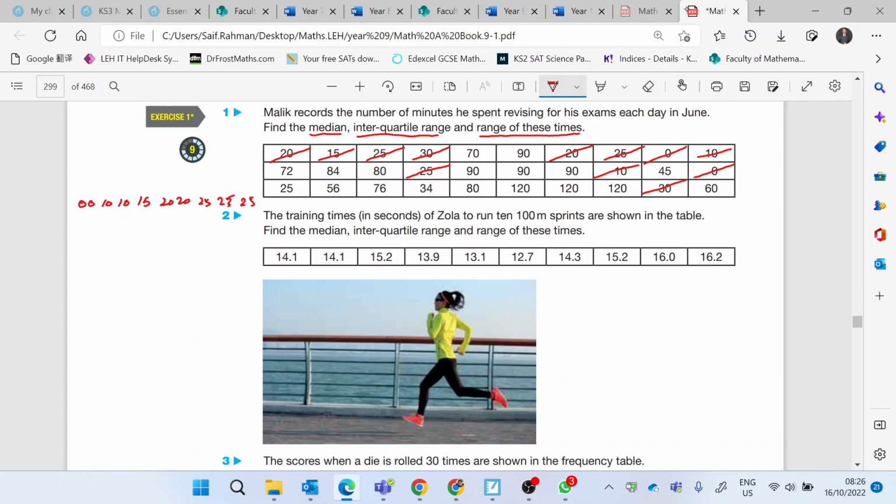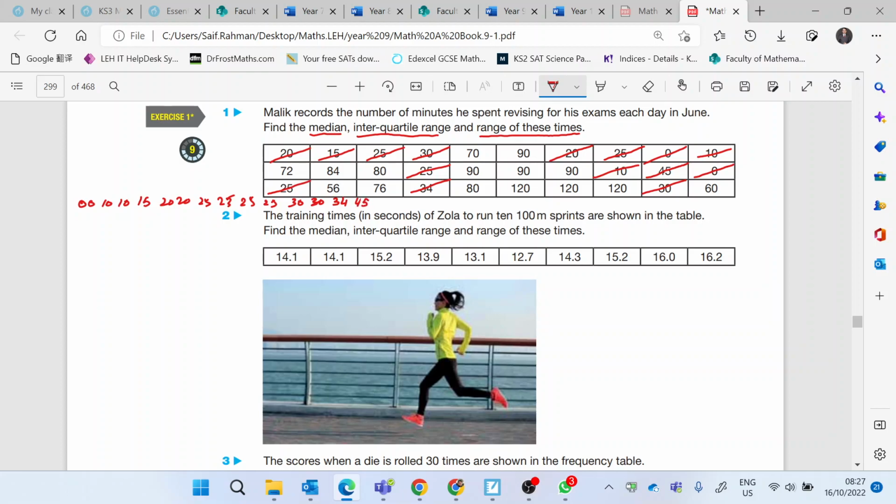Okay, in 25s there's one more, so I should write one more 25, which I missed. In 30s, I selected two 30s. After 30, 34 is here, and then the next value is 45, one 45, no other 45s.